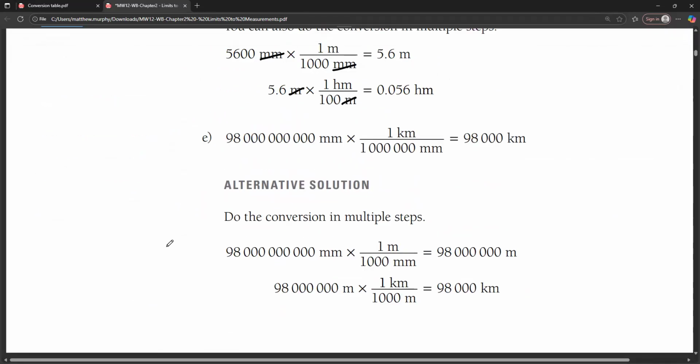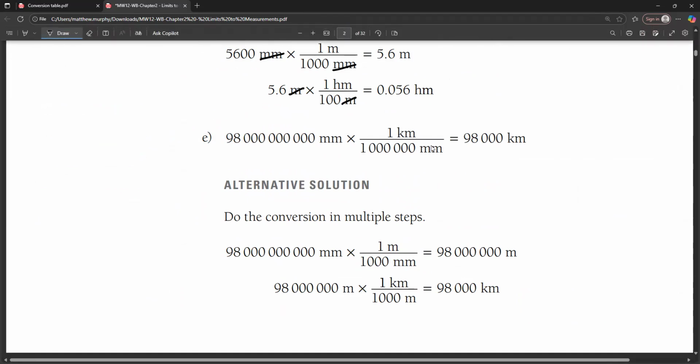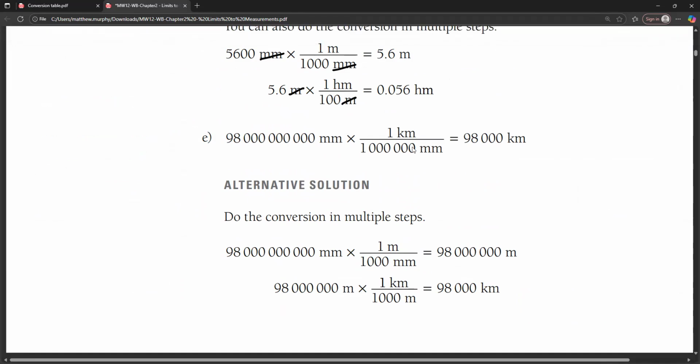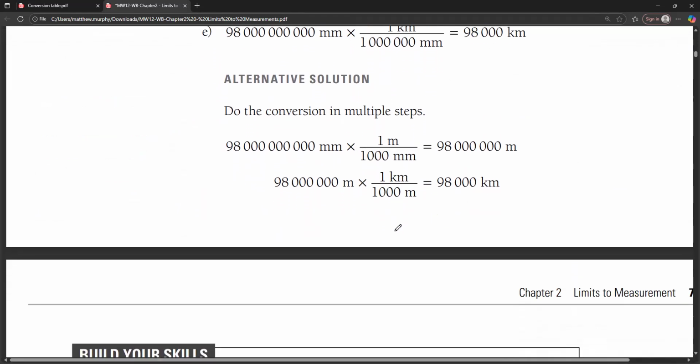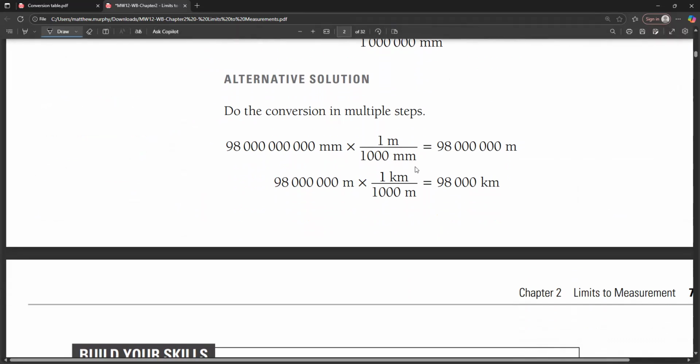Okay, E, same thing. We're going from mils into kilometers, and they found a conversion here. Okay, but that again is not on your table, so you'd either have to figure that out or look it up. So here it is in multiple steps. So you have 98, that'd be billion millimeters, okay?